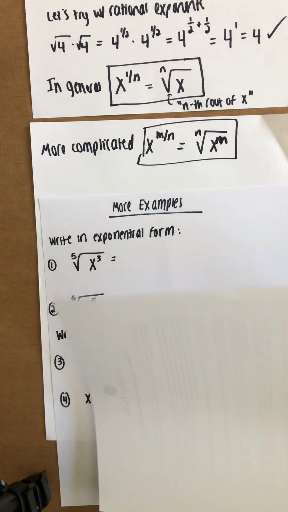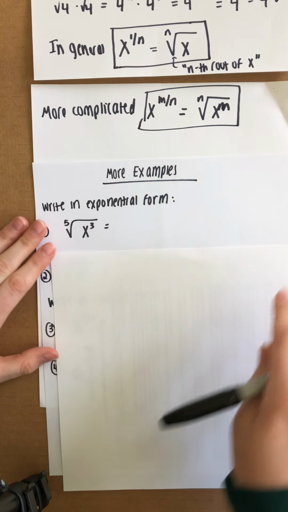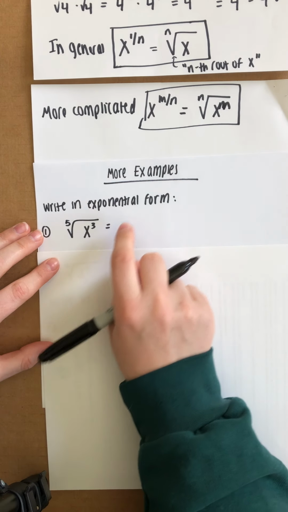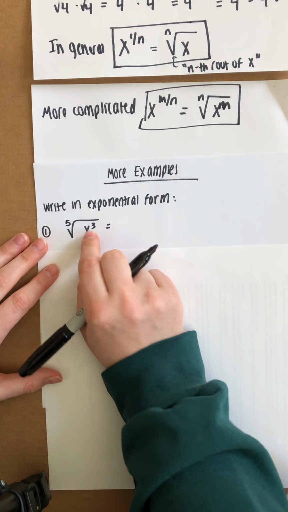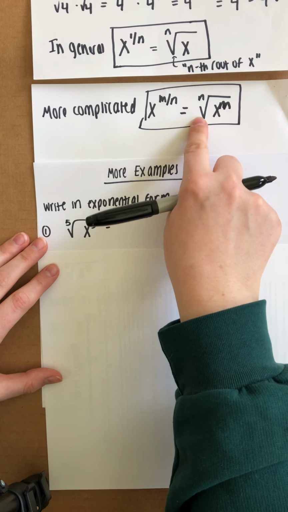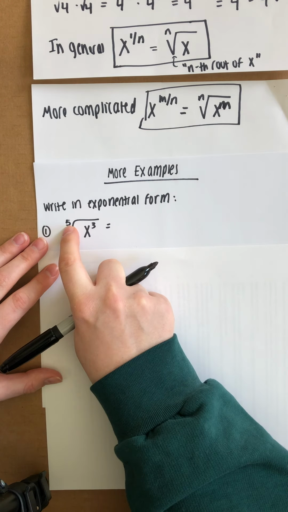So for our first example here, looks like we're going to be using this rule here. We have the 5th root of x cubed. So we can use this rule going backwards. Right now, our problem is in this form. Instead of n, we have 5.